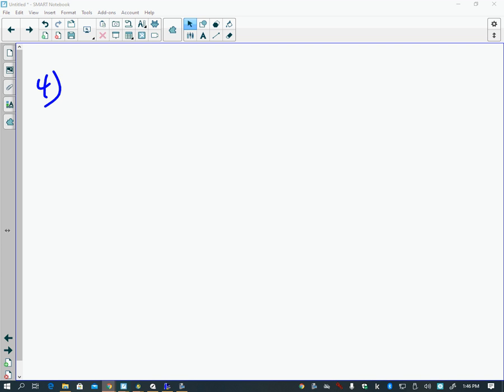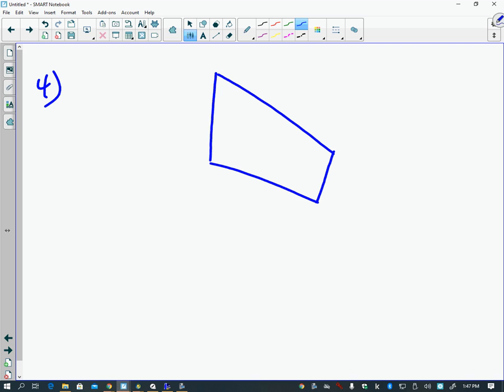Okay, 4. Now, this is a good question because I felt like we kind of struggled with this on question number 2 a little bit. So they're going to give you, you know, kind of an obscure figure. Okay, something like this. And they're going to say, what's this?